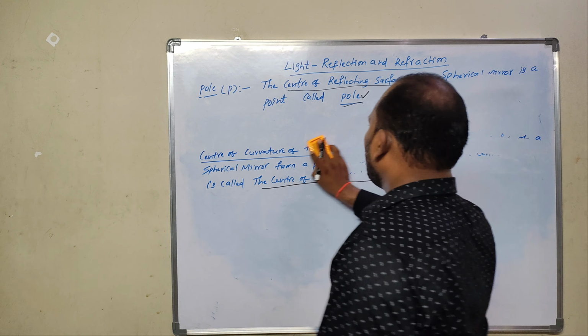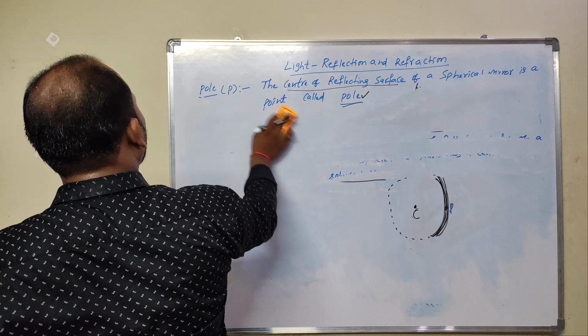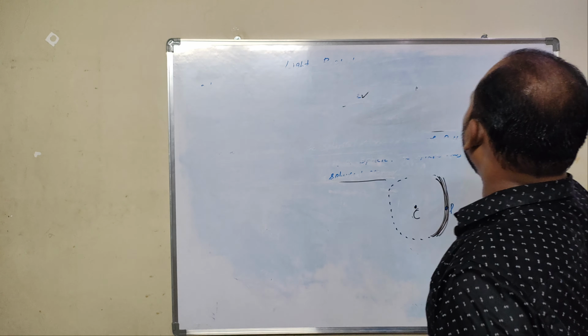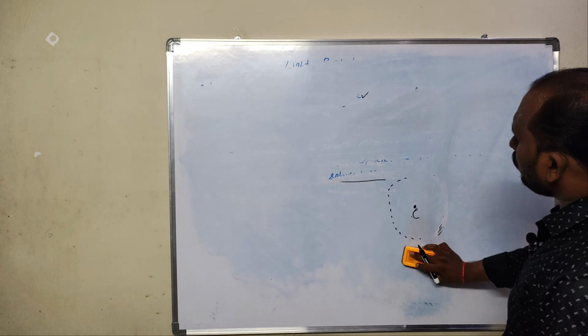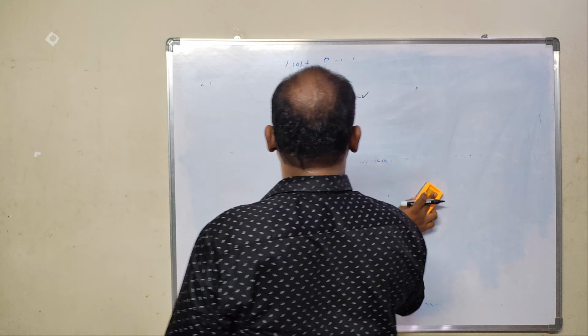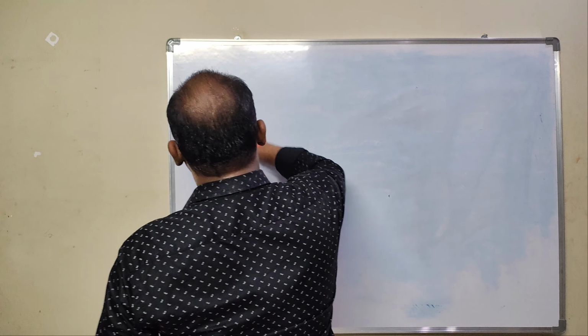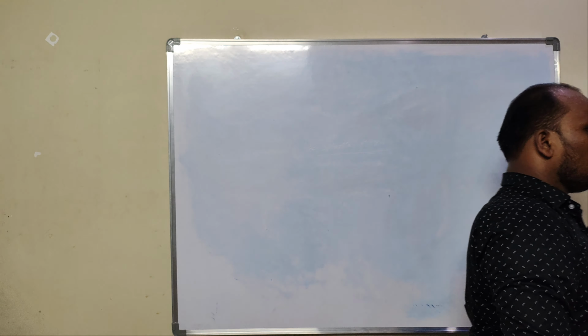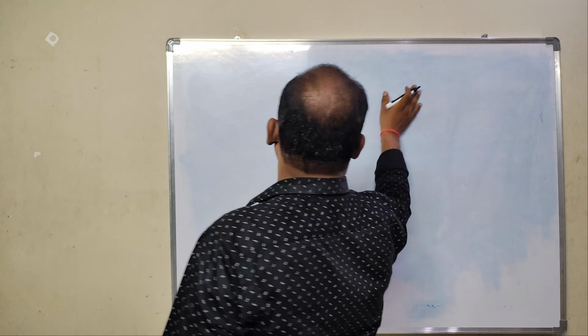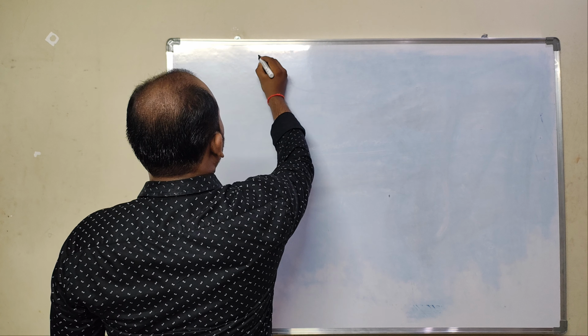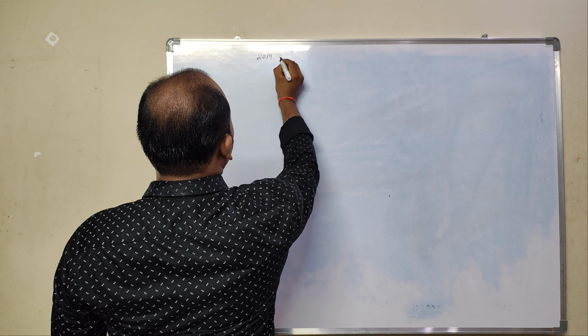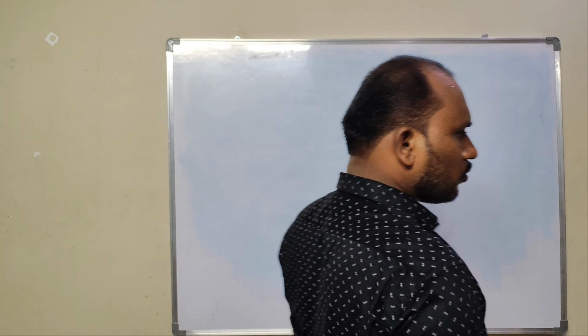Now today we are talking about ray diagrams: the difference between the 2019 10th class ray diagrams and the 2024-25 ray diagrams. Let's look here. First the 2019-20 concave mirror ray diagrams.